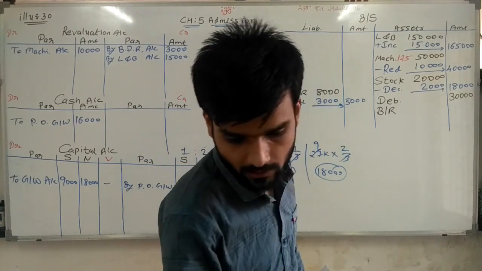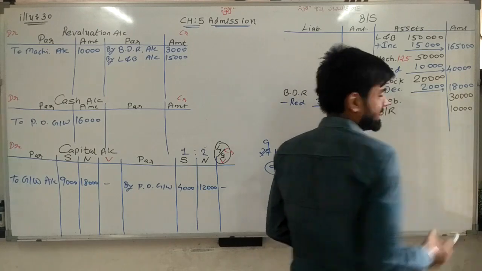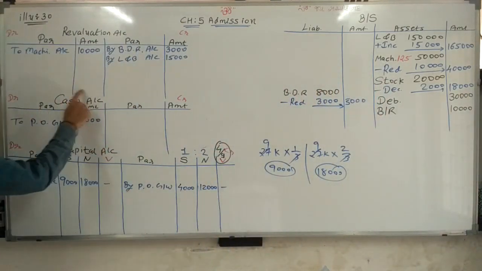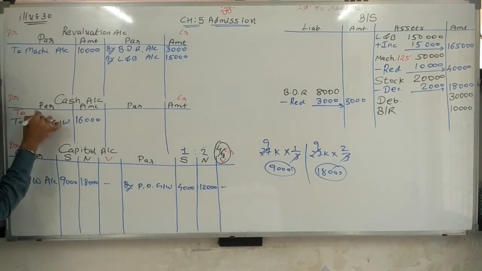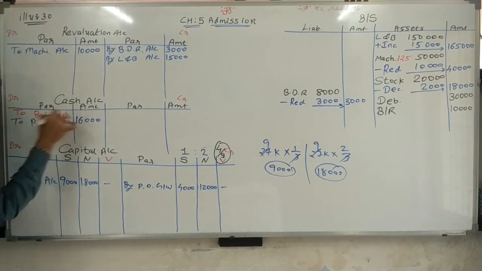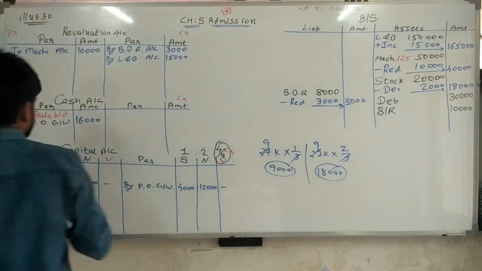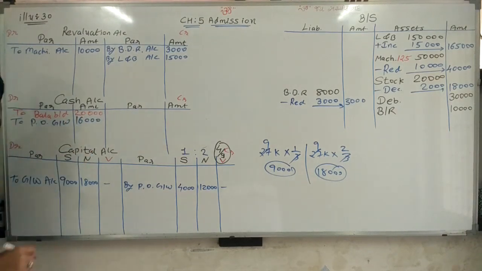So bills receivable 10,000. Now cash is given. Cash to be brought in. Now the amount is 20,000. Simple.